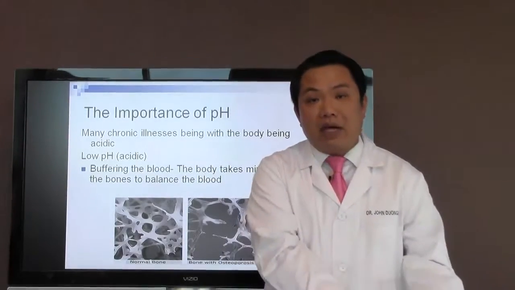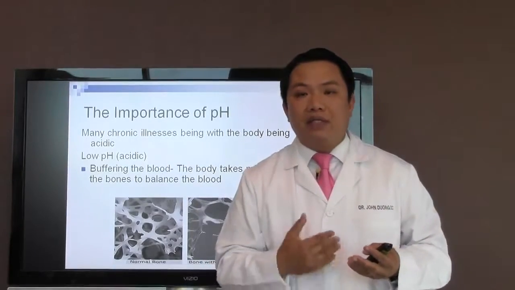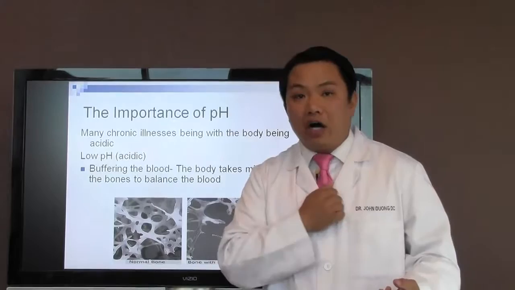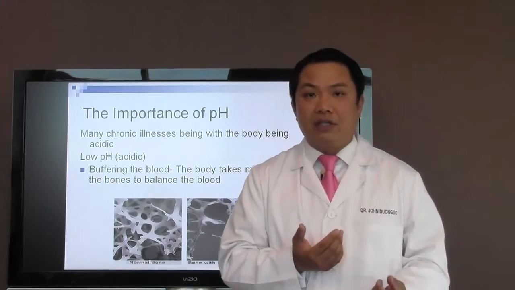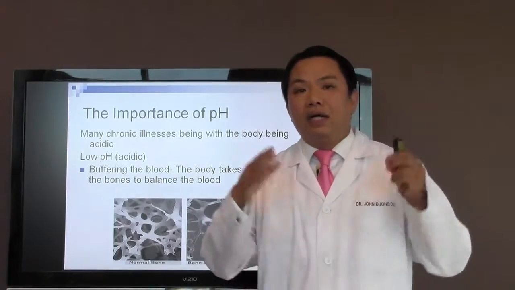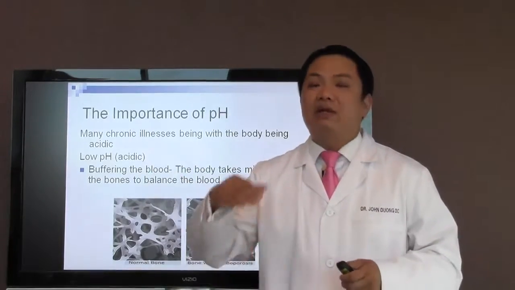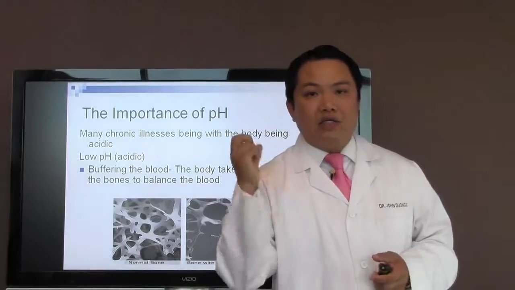They take the minerals out, like the calcium, from the bones, and balance your blood system so that it can keep you alive. Your heart cells need calcium, magnesium to function, and the sodium pump, and all those chemistry. So the bottom line is that your cells need minerals. When it becomes acidic and the body cannot absorb them, it will have ways to get that calcium.